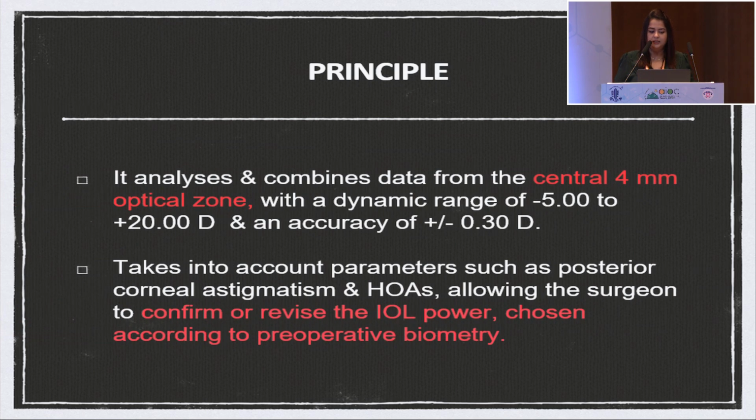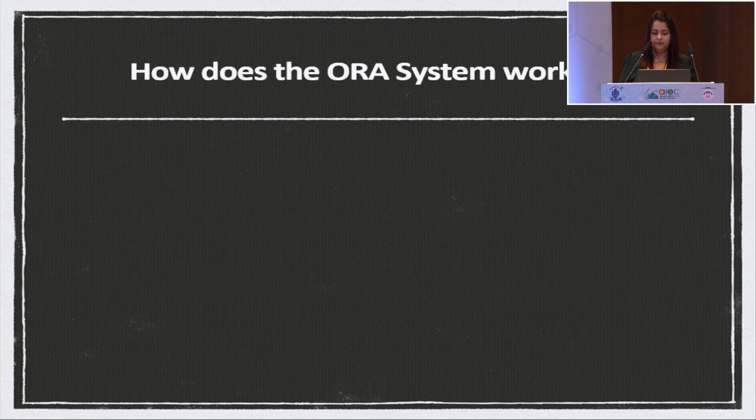It analyzes and combines data from the central 4 mm optical zone with a dynamic range of -5 to +20 diopters and an accuracy of ±0.3 diopters. It takes into account parameters such as posterior corneal astigmatism and high order aberrations, allowing the surgeon to confirm or revise the IOL power chosen according to preoperative biometry.